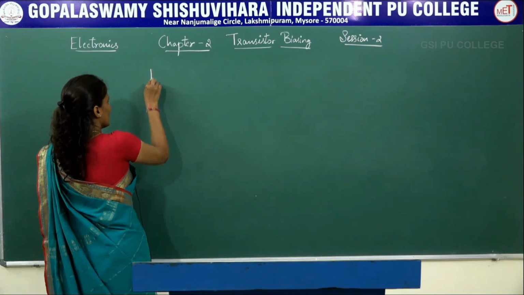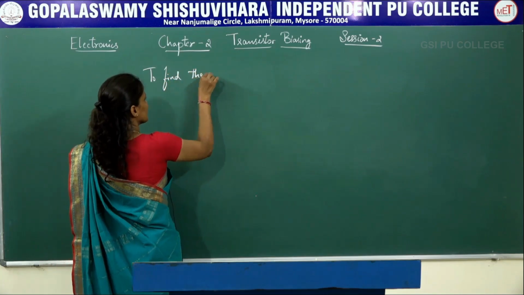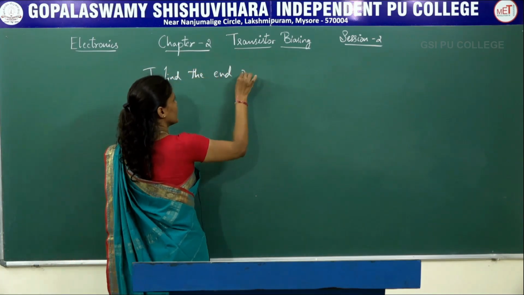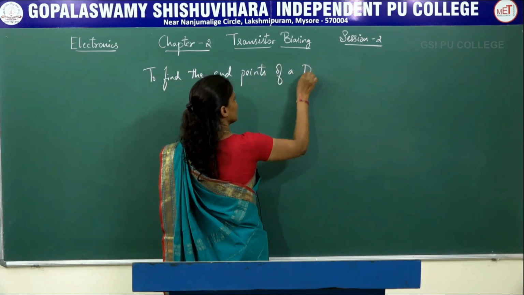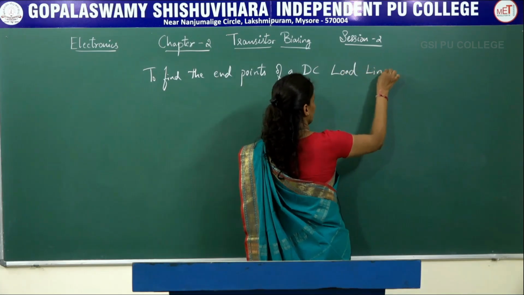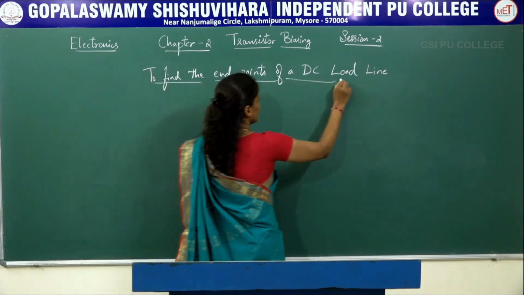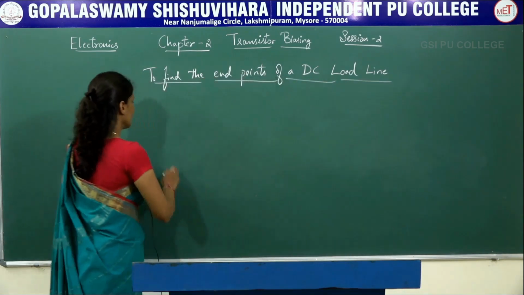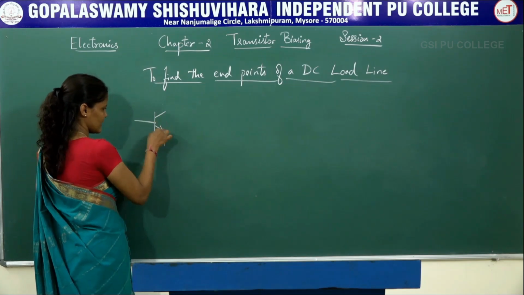To find the end points of a DC load line, we need a circuit. Let us consider an NPN transistor.